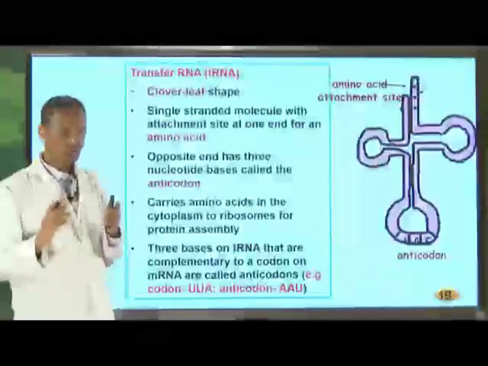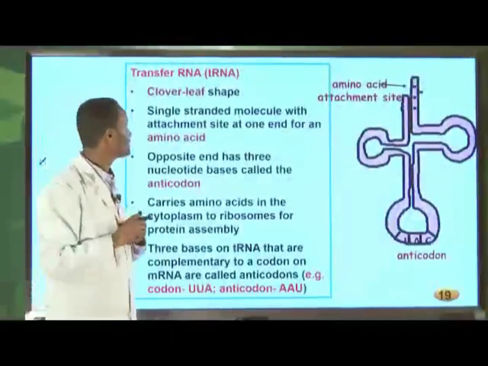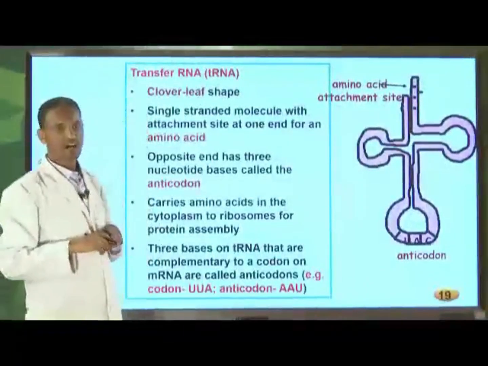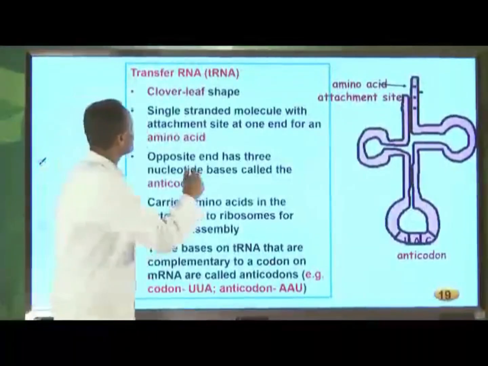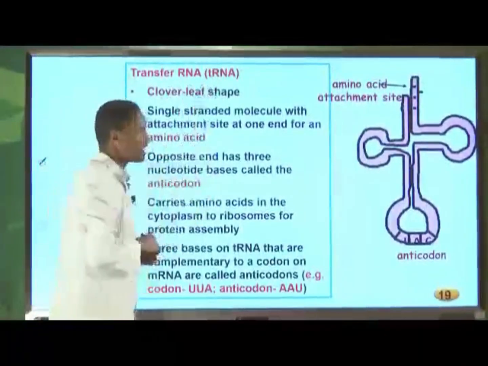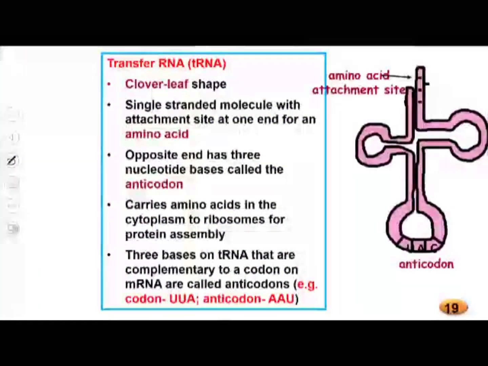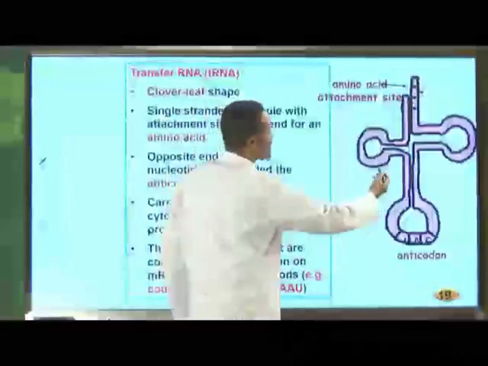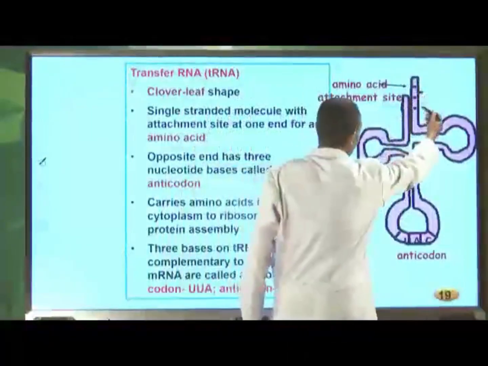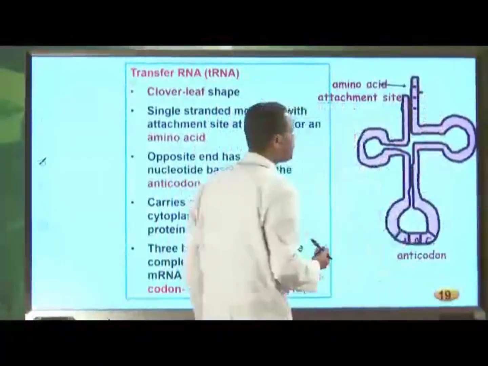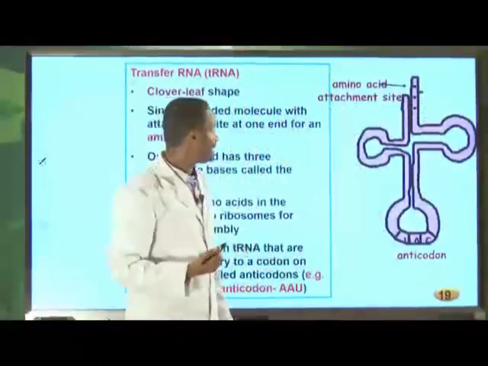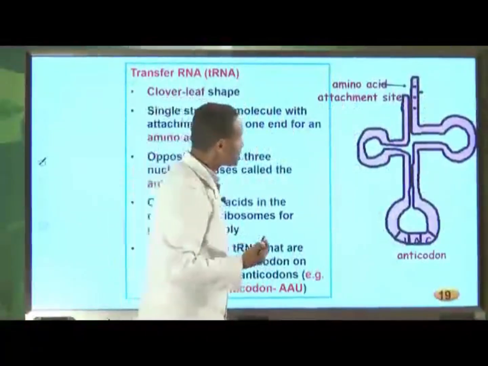Now, let me come to the second important type of RNA, which is transfer RNA. The transfer RNA has a clover leaf shape. Here, look, this is the shape of transfer RNA.